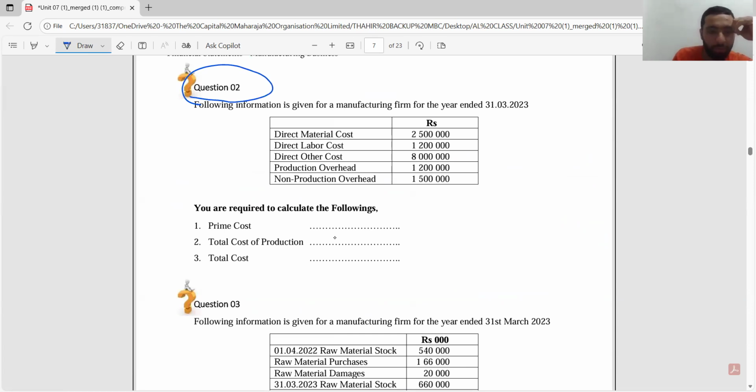You are required to calculate these figures. Very simple. And make this 800, okay?